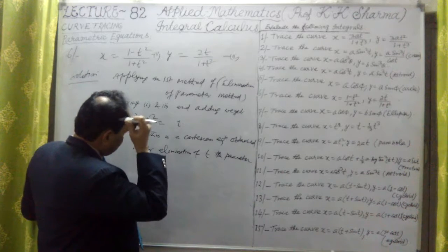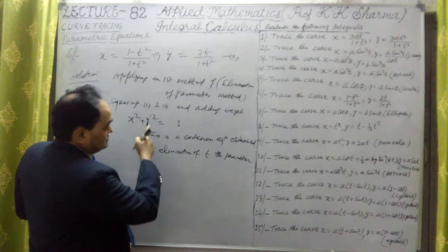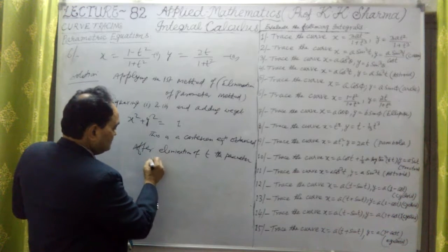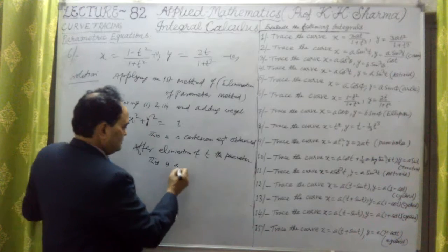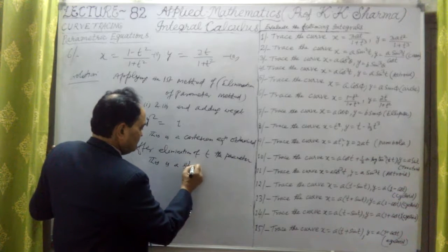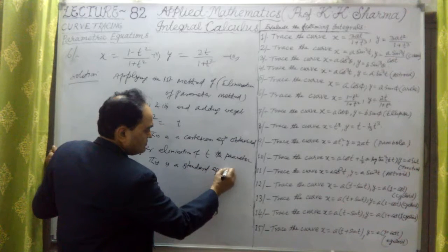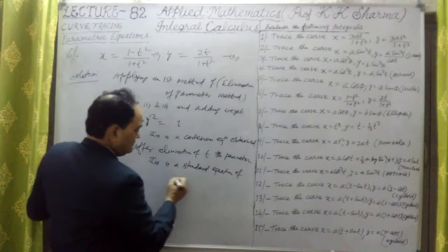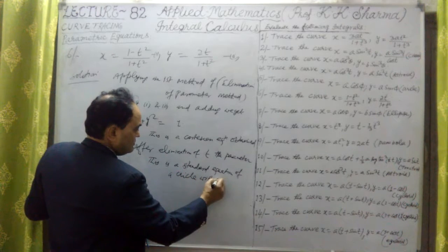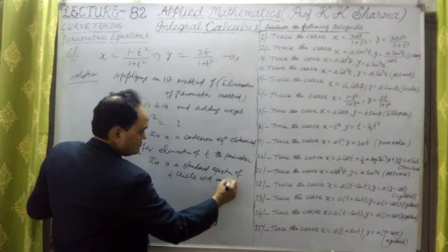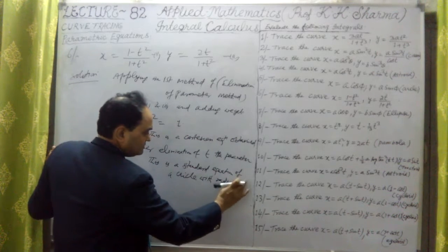Okay, so this is the equation here. It means this is the equation of the circle. This is standard again. This is a standard equation form of a circle with radius 1 and center (0, 0).